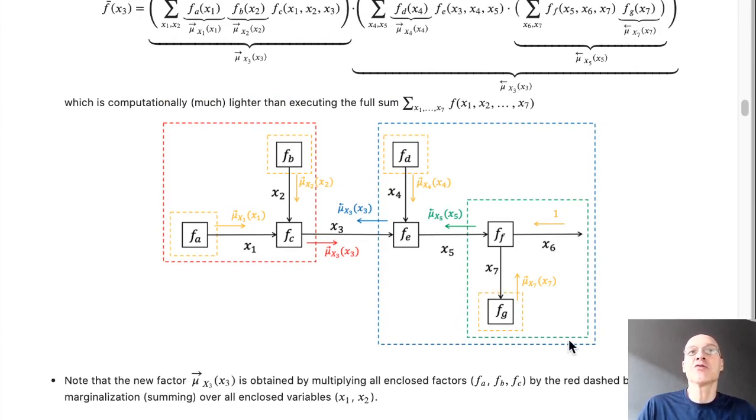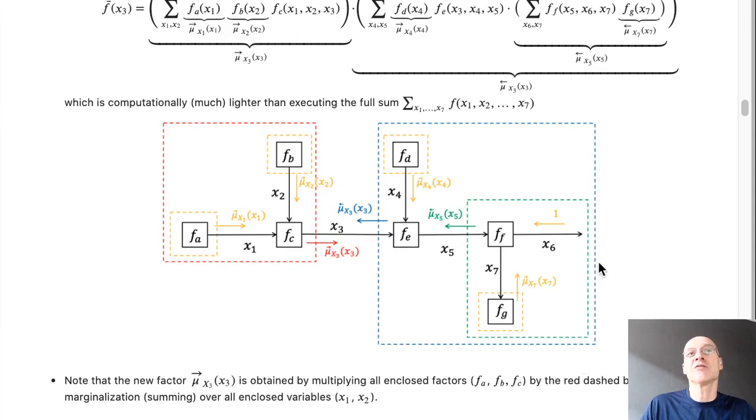And what's left over is a new function, or you could say a new factor, a composite node, a composite factor, that is a function only of the variable that crosses the box, that comes out of this box. So by closing this box and integrating over all the internal variables, we've created a new node, right? The green node.